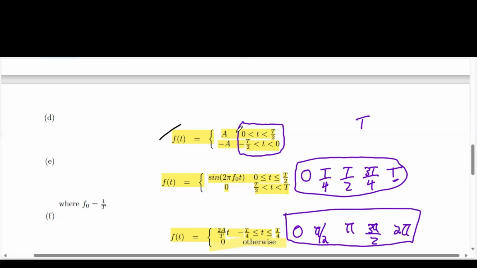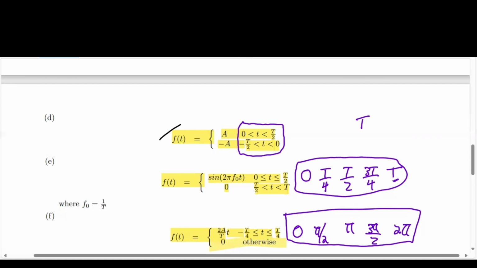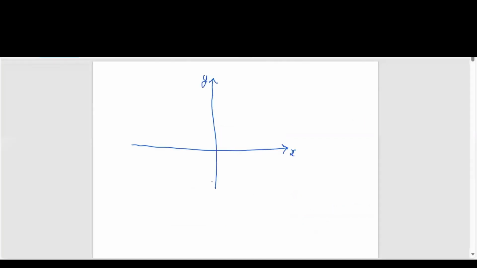All right, so let me plot this graph. Let's see how this one works. They said from 0 to T on 2, which is half of T. That's how I think about it. So I just write T and minus T on both sides. I know T on 2 will be half, and this here will be minus T on 2, and this is 0.